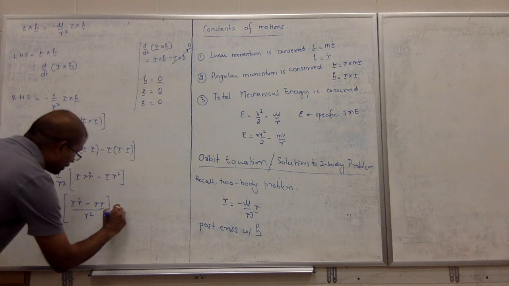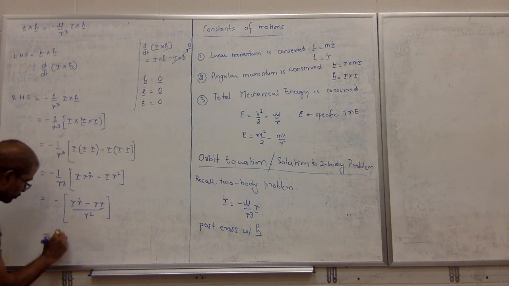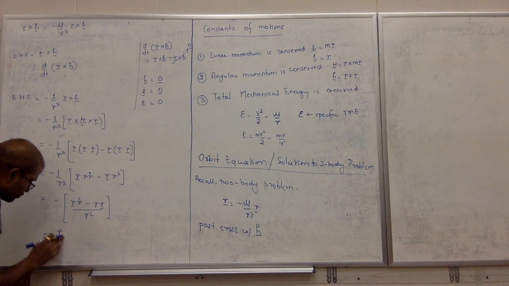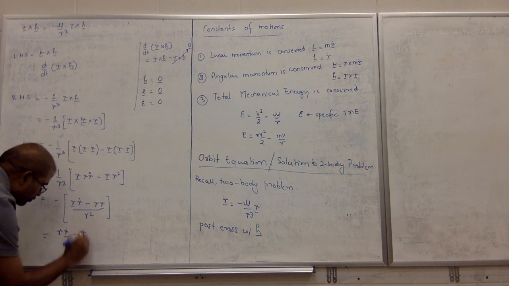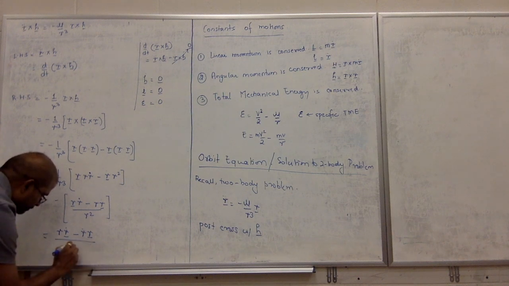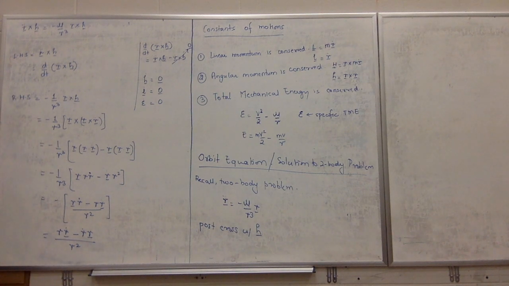So this can be written as r dot over r minus r dot r over r square. I flip these two, so minus and minus.